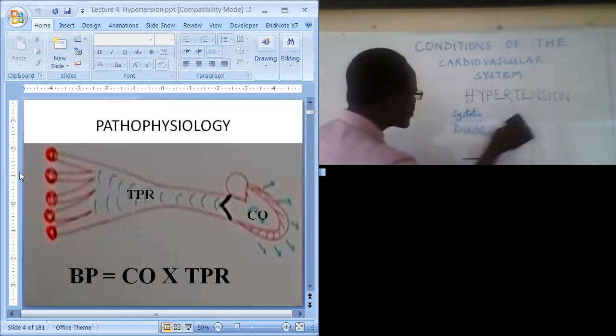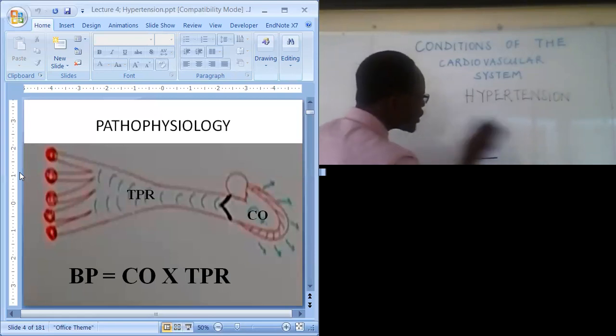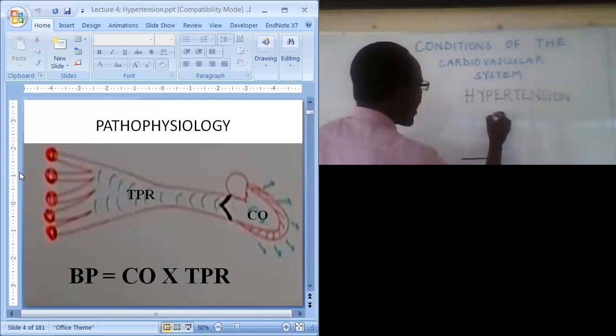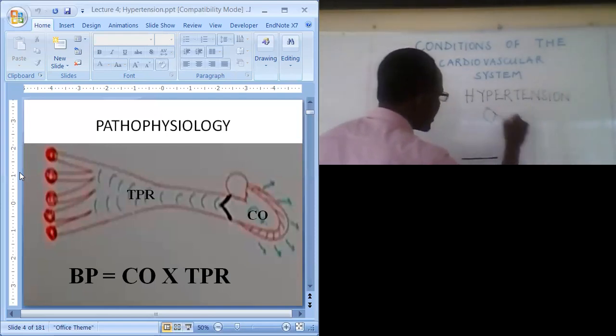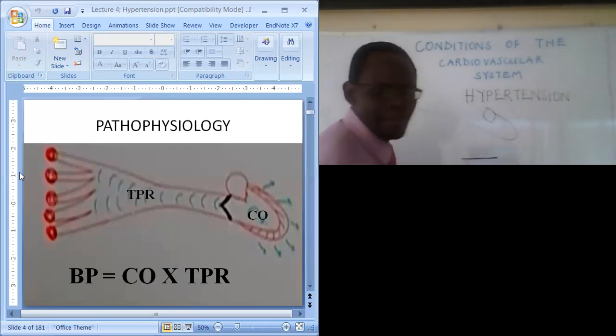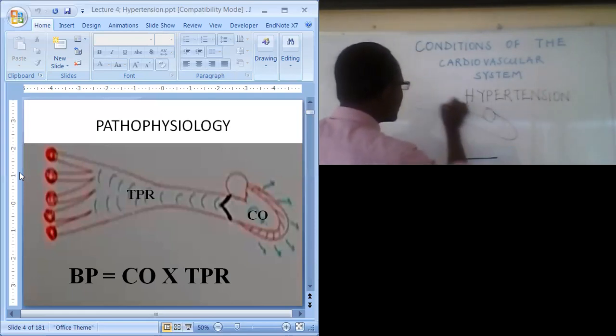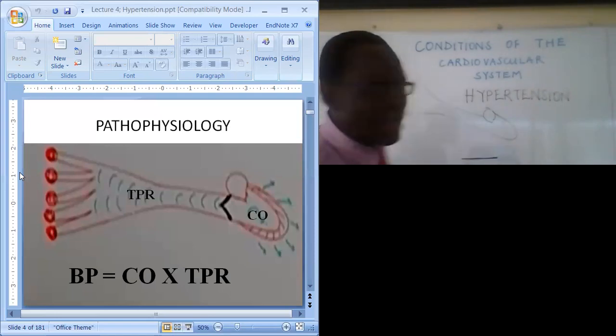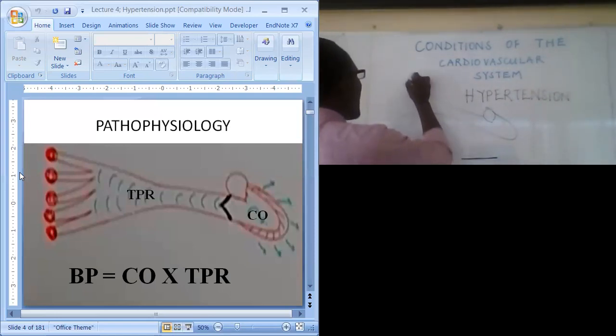According to that diagram, you have the heart, assuming this is the left part of the heart, and then these are the arterioles.